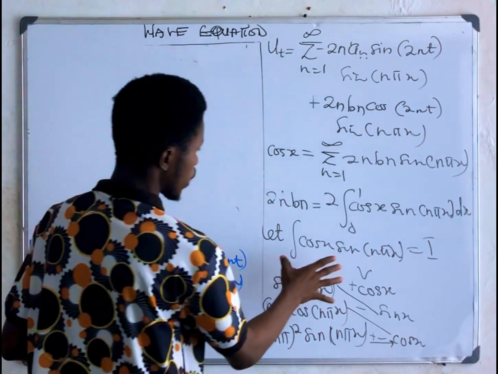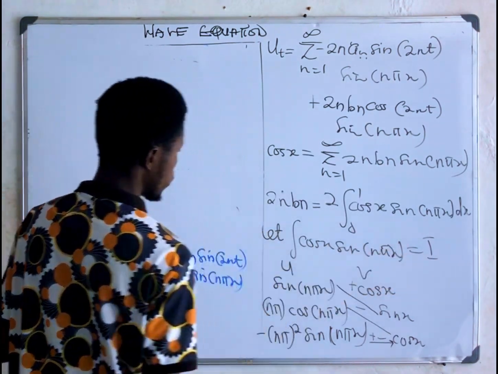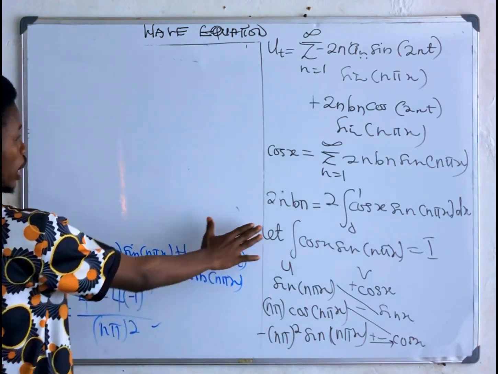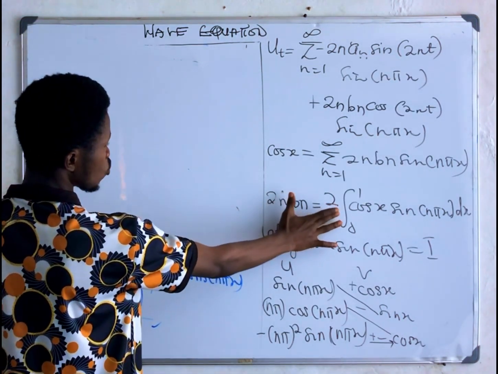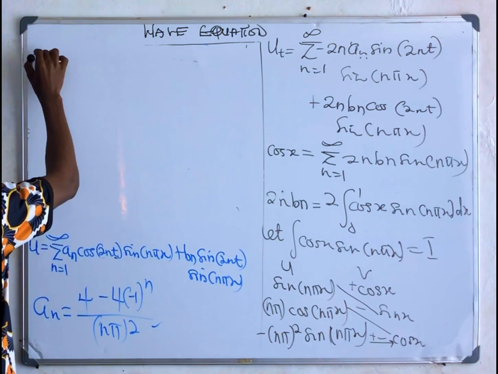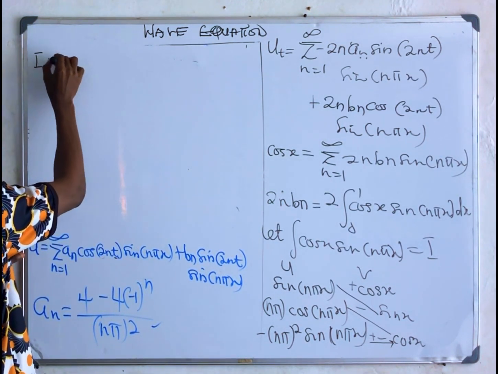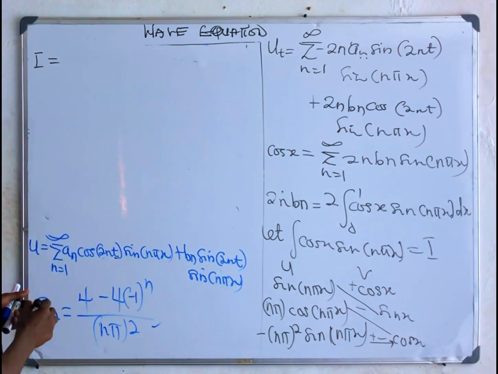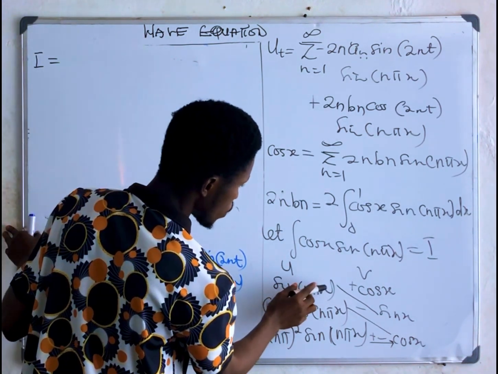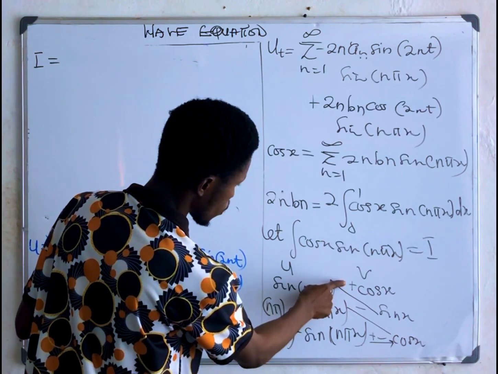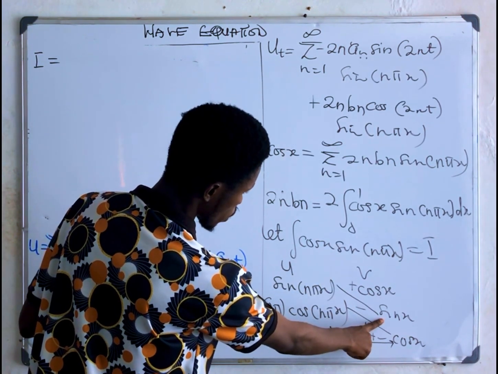Now I said that this should be represented by what? I. Let's forget about the 2n bn and the 2. It will come. So I is equals to, so it will be this times this. This is positive. This one too is positive, right?